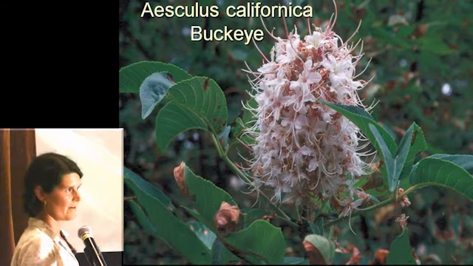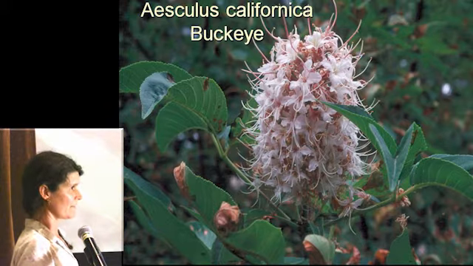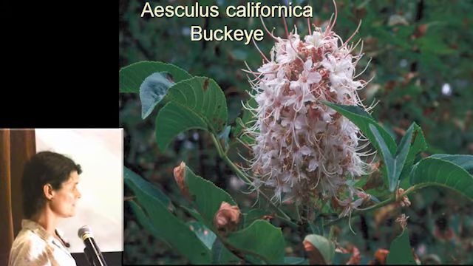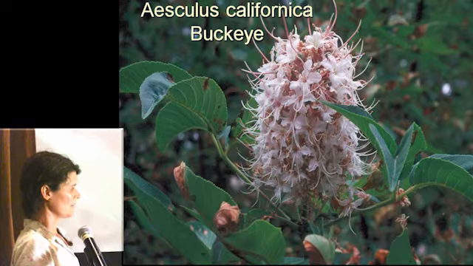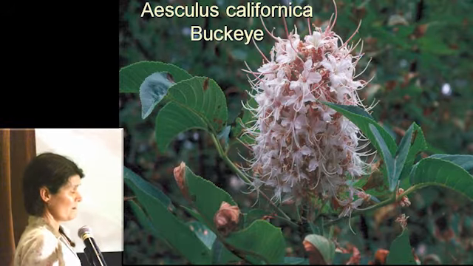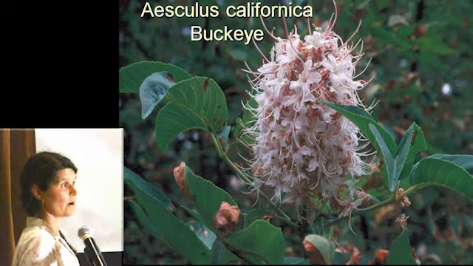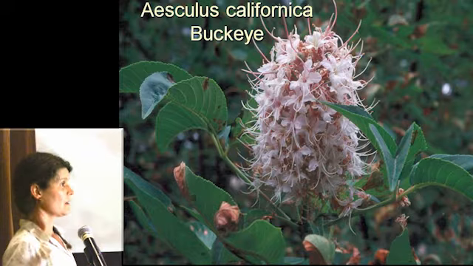Of course, our buckeye, which is just an amazing tree. I think it's beautiful at all times of the year. They can get up to 10 feet, maybe 15. You can prune these. I've seen some in yards that have been pruned to keep them lower.